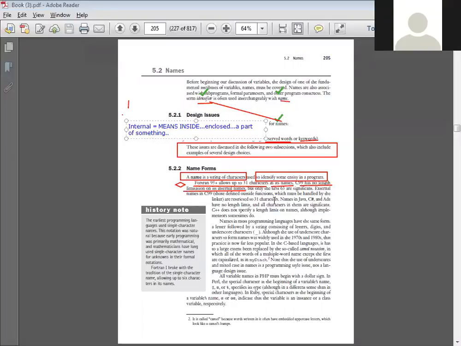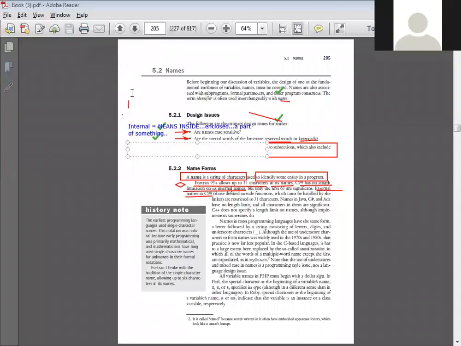Now, we have external names in C99. External names in C99 are those defined outside functions. If we know that internal means inside, external means outside.